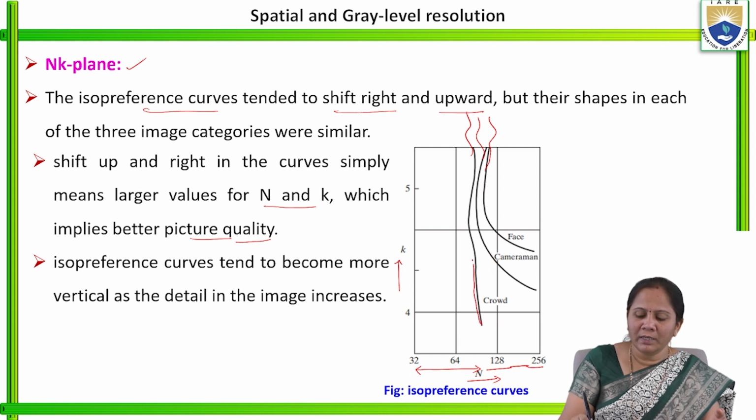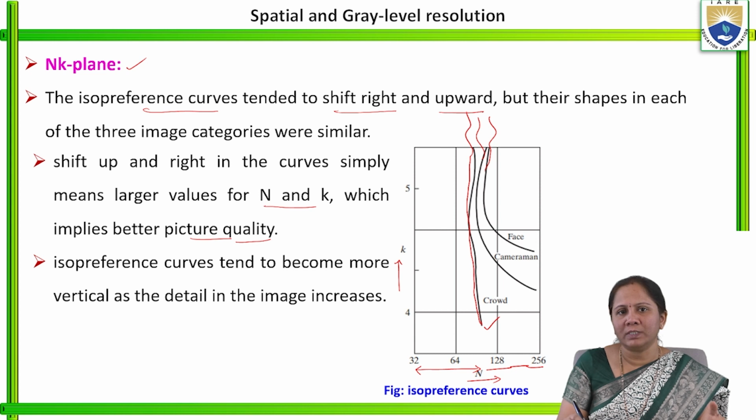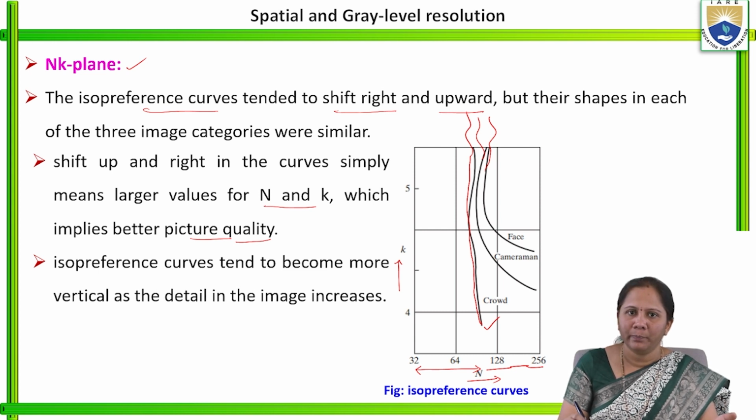It is becoming more vertical compared to the previous two, which have somewhat curved shapes. So the curve becomes more vertical if the information in that particular image is high. As the crowd image has high information, it is more vertical.